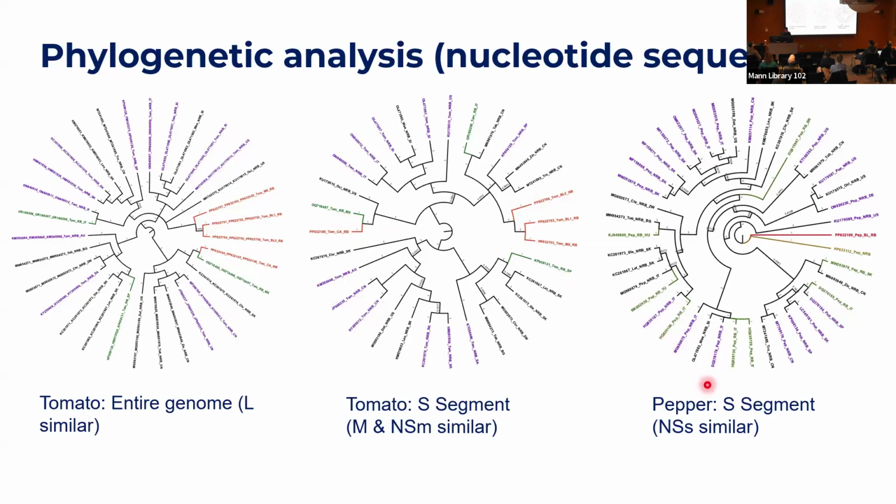And then in pepper, on the basis of the S segment, we saw the grouping of these 2 isolates, the one resistance breaking and one non-resistance breaking, together. So what this basically tells us is that there is a selection pressure being applied on the entire genome of tomato spotted wilt virus.